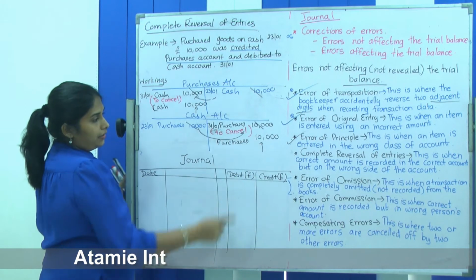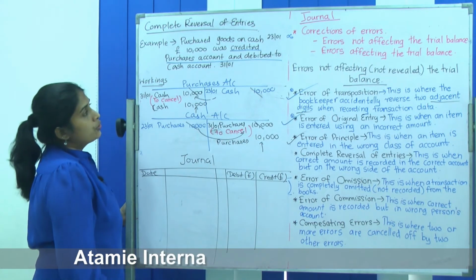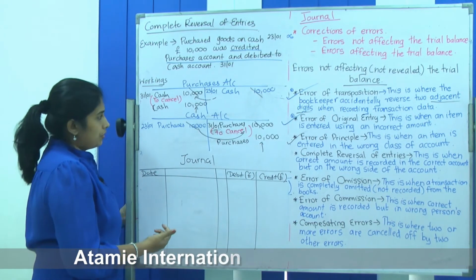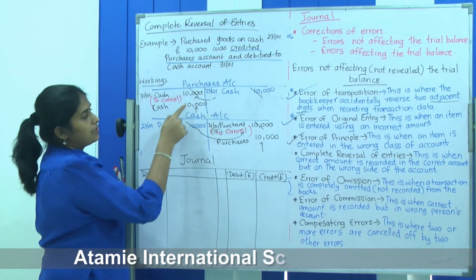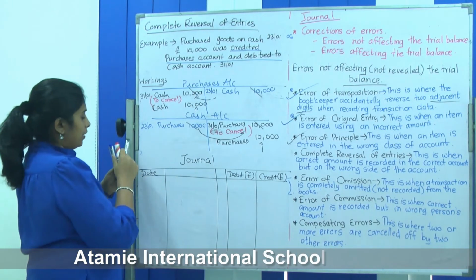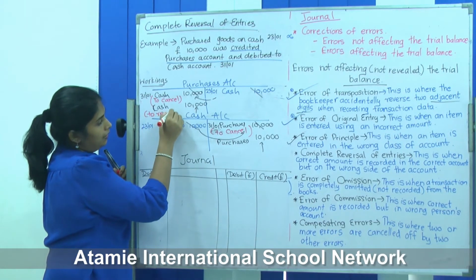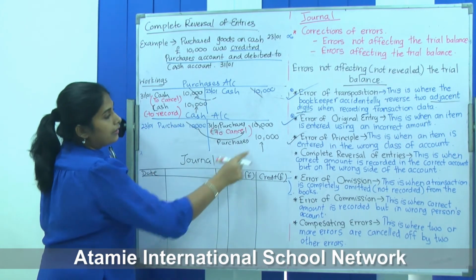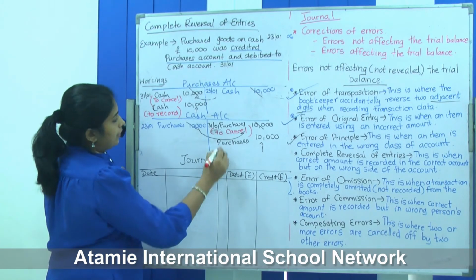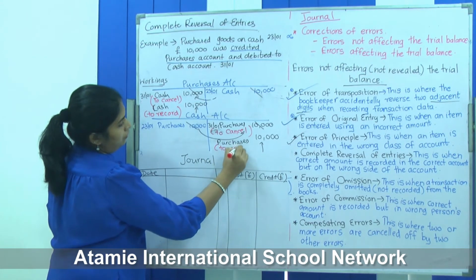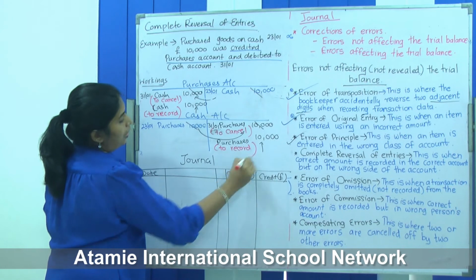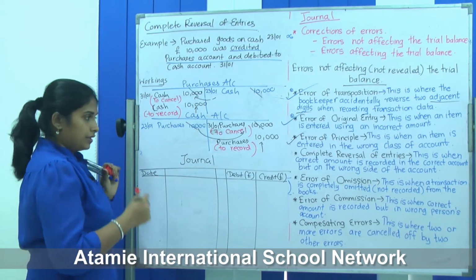Then the other 10,000 will be recorded to enter the transaction correctly. So again purchaser should be debited and cash credited. This is to record correctly, and another 10,000 should be credited to the cash account.